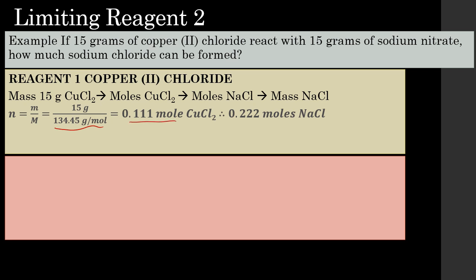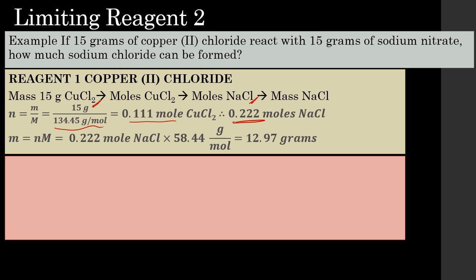But if I look at my balanced equation, for every 1 mole of copper chloride, I'm going to produce 2 moles of sodium chloride. You can quickly see that that's got a Cl2 there, and that's got a Cl, so I've got twice as much chlorine on the left-hand side as the right-hand side.